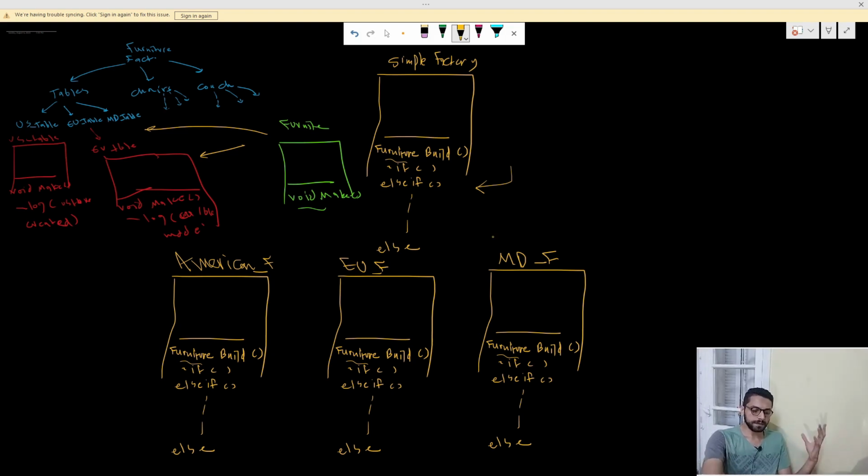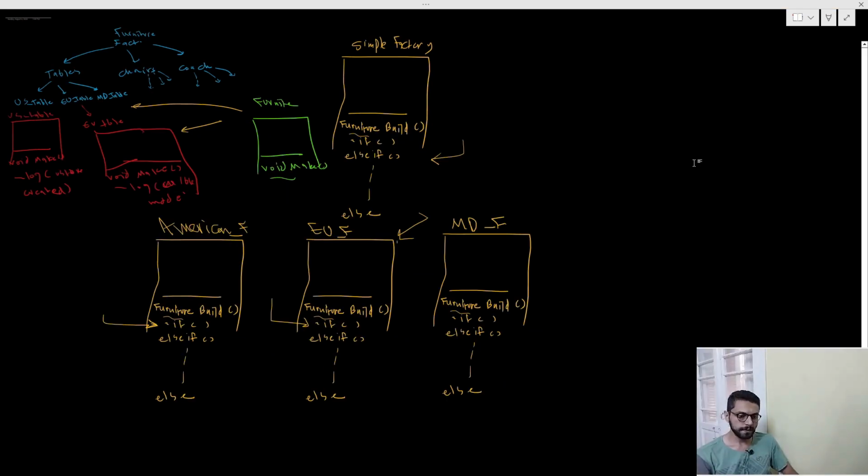The advantage you get is, for each new item that we want to create in the factory, say we want to make an American version of that, we create a class for that item and add an if-else statement here. And if we want to create a European version of that item, we do the same thing: create a class for that item and add an if-else statement here. We'll see exactly how this works in the code.